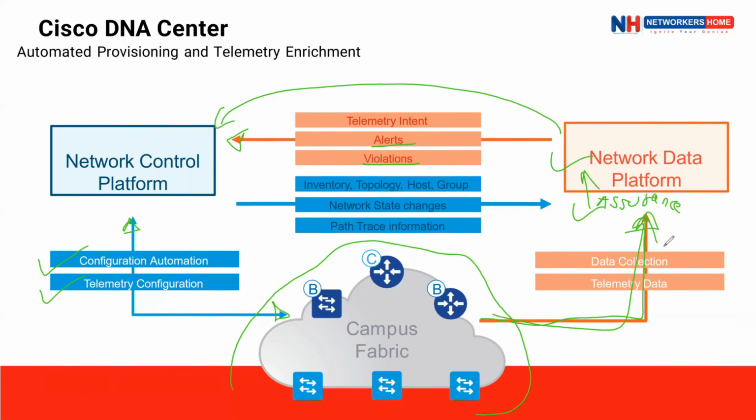For collecting the telemetry, obviously to collect the SNMP logs, you have to define who the SNMP server is. You have to define different kinds of traps which have to be enabled and sent to which server. So all this configuration is done via the network control platform. You can call it the automation part, which is done in the provision stage.